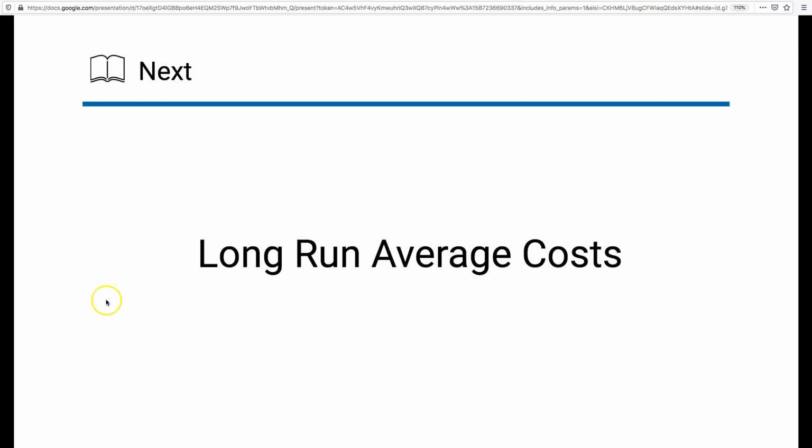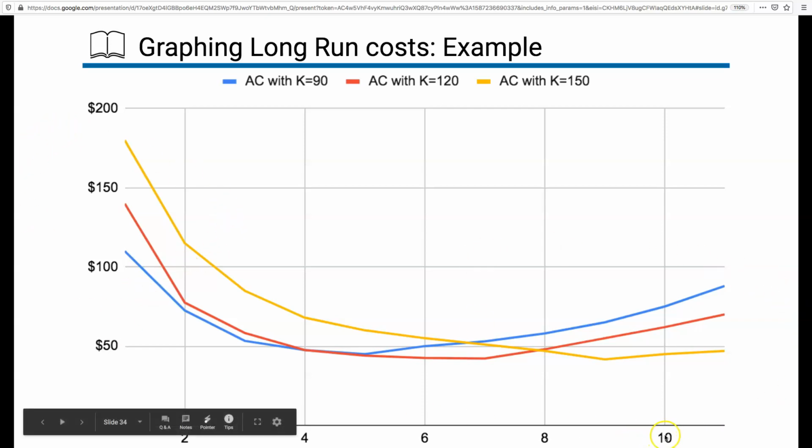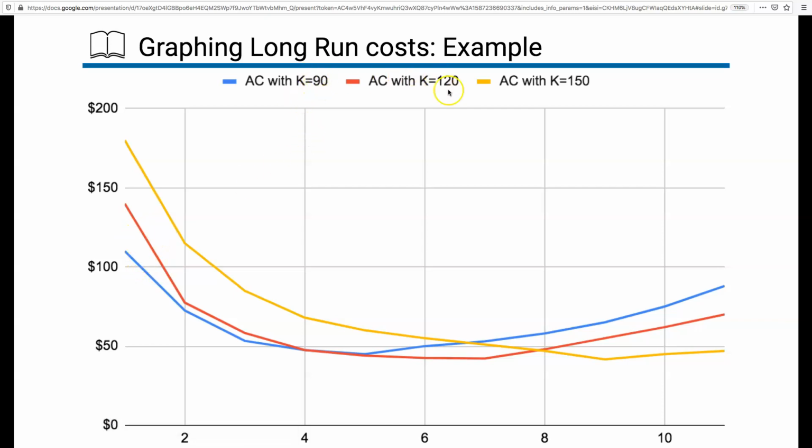Now, once we understand what happens to average costs in the short run, let's switch to the long run. The short run average costs are U-shaped, and here I'm extending the example to include output of 9, 10, and 11. I'm looking at 3 levels of capital: 90, 120, and 150.